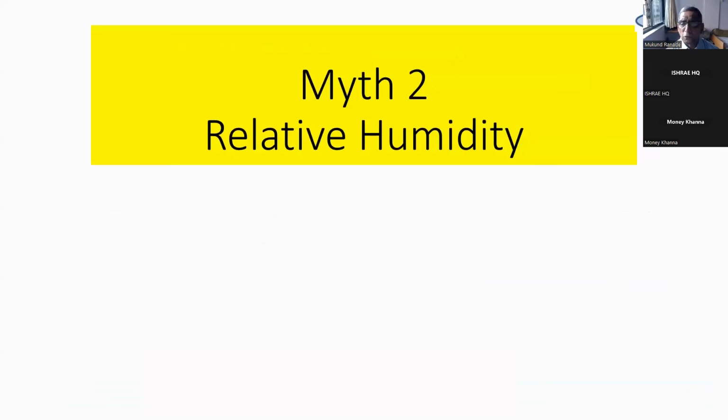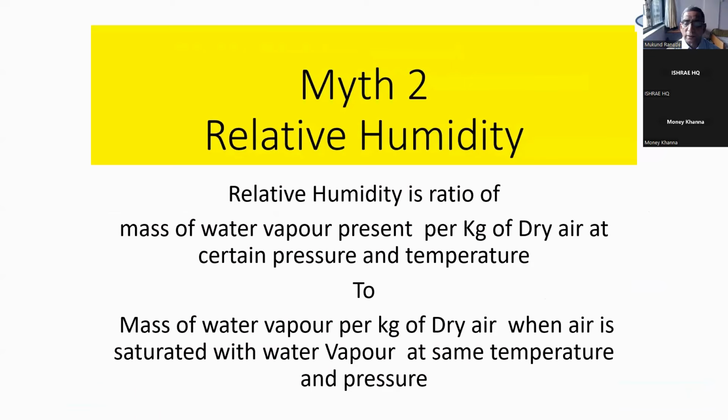Second is relative humidity. Many people take the definition of relative humidity as the mass of water vapor present per kg of dry air at a certain pressure and temperature, divided by the mass of water vapor per kg of dry air when the air is saturated with water vapor at the same temperature and pressure.